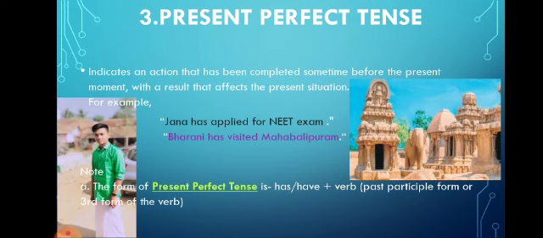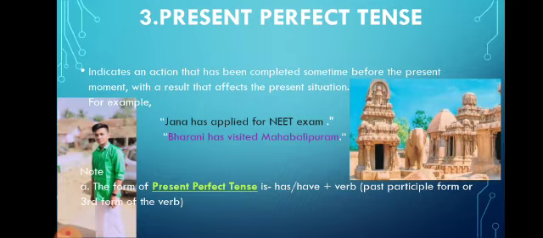The form may change. The third form may change according to the kinds of verb, whether it is regular or irregular, transitive or intransitive. The third form of the verb may change most of the time. That means the past participle may change.